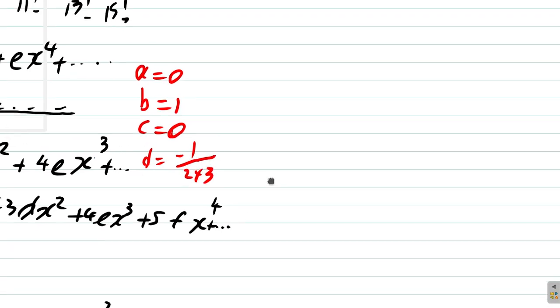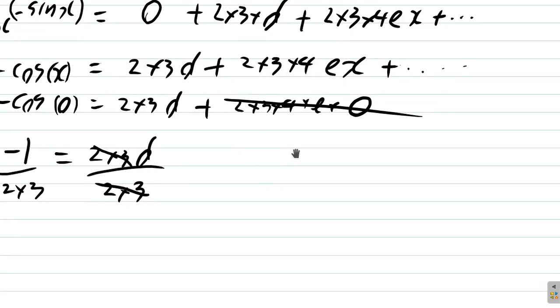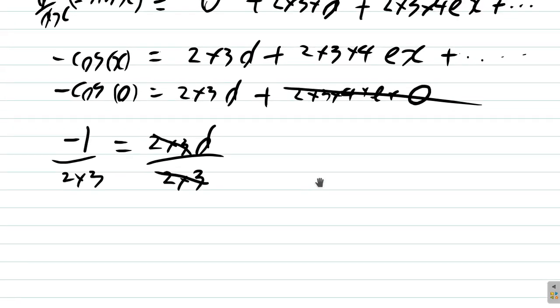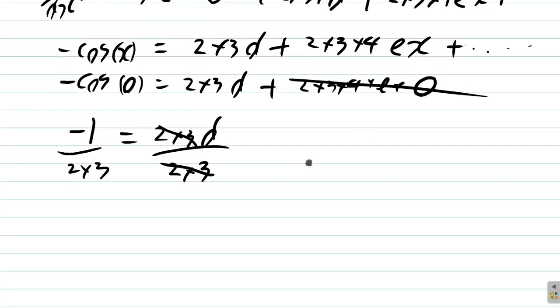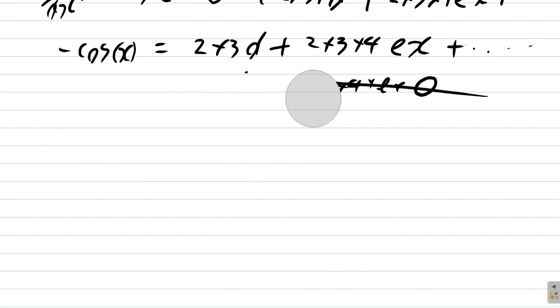Right? Now you could continue it. Let's continue so that we find out what e is. Now, what we had was negative cosine of x.